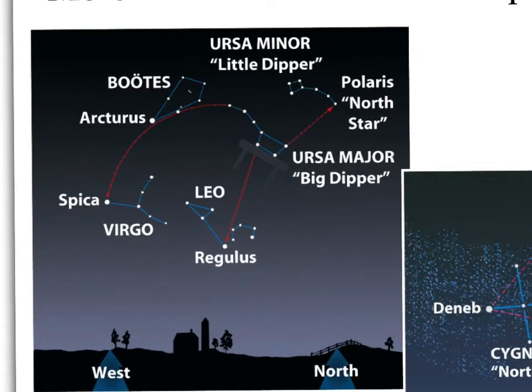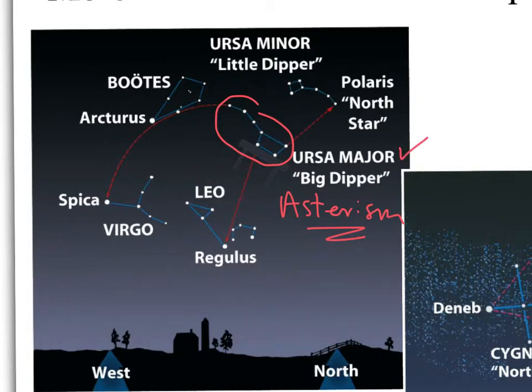The Big Dipper is what we call an asterism. An asterism is a subset of a group of stars. The Big Dipper is part of the constellation Ursa Major. So if you can find the Big Dipper, it probably makes you smile too.